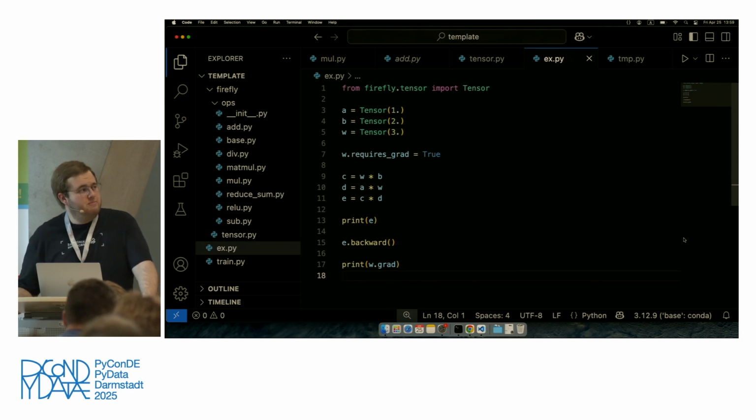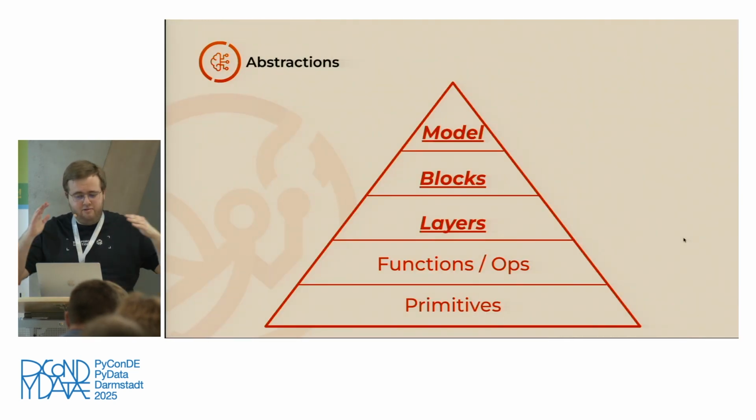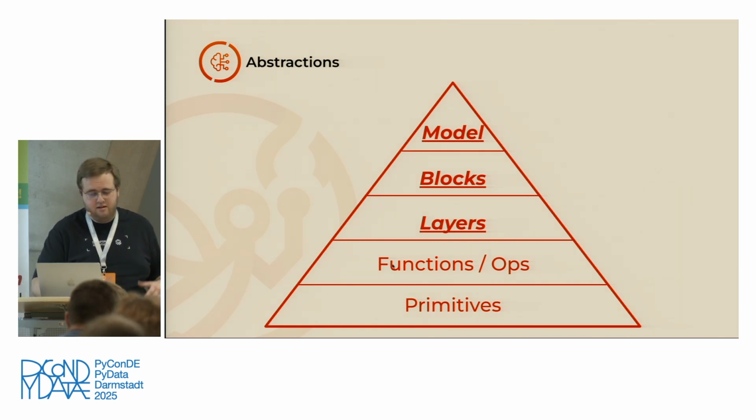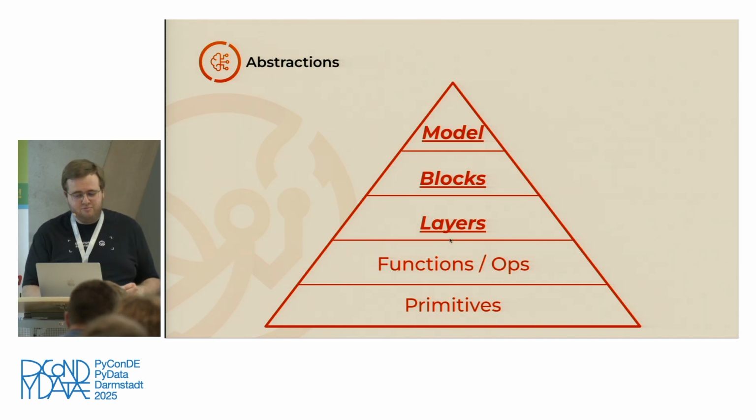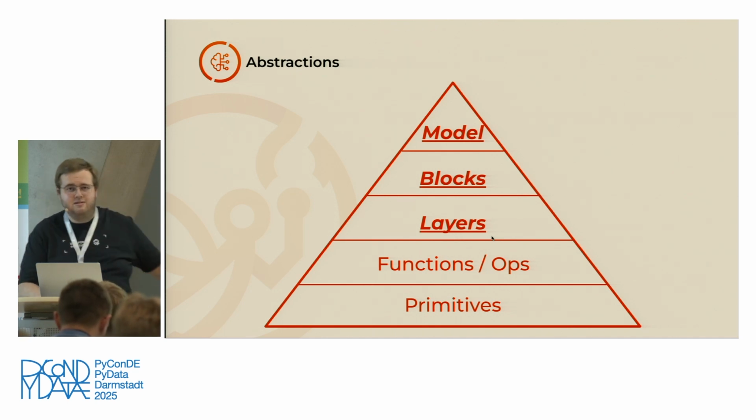However, at the same time, it's not really convenient to work with right now because we still don't have the high-level APIs. And if you remember our pyramid, for now we were mostly focused on the operators, but we also want to have layers, blocks, and models. And for that, we will now implement a module class, and this module class, similarly to how it works in PyTorch, would act as either layer, block, or model at the same time.